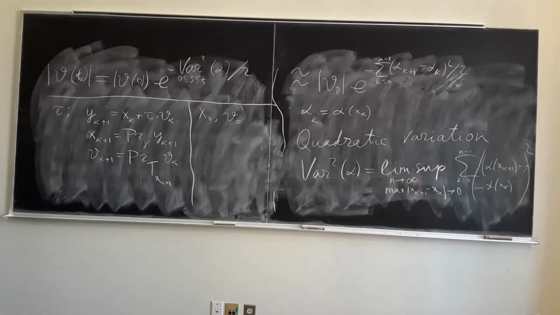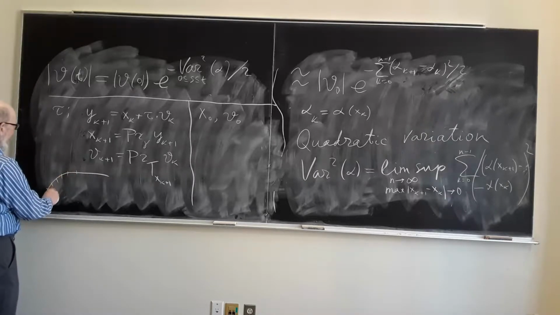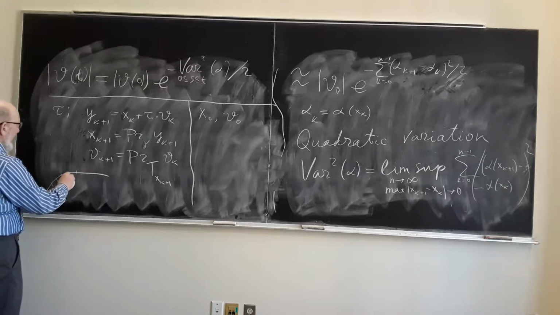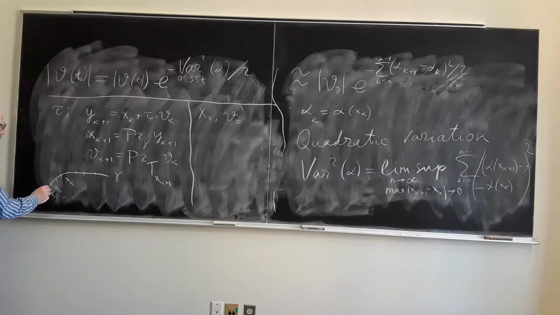We construct this chain of points and this chain of vectors, and these points x_0, x_1, x_k, and so on are all on the curve gamma. We can somehow interpolate so that we have a continuous curve. Say we move along gamma with constant speed between every two points.